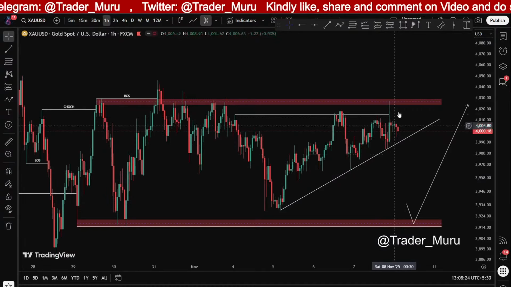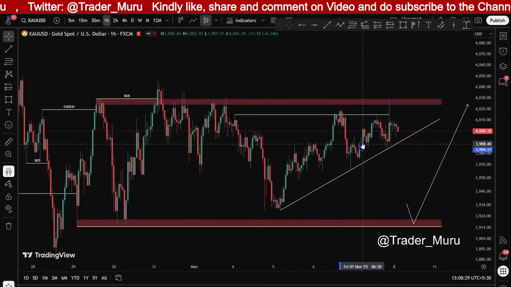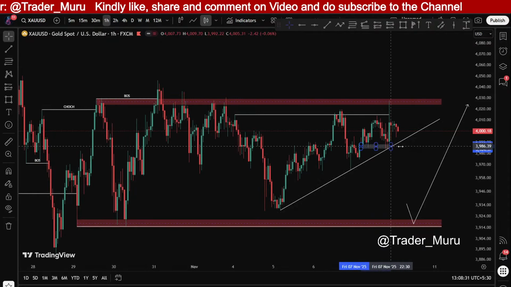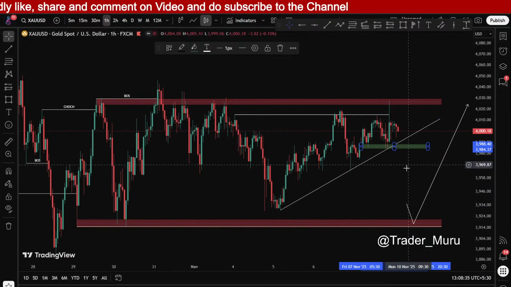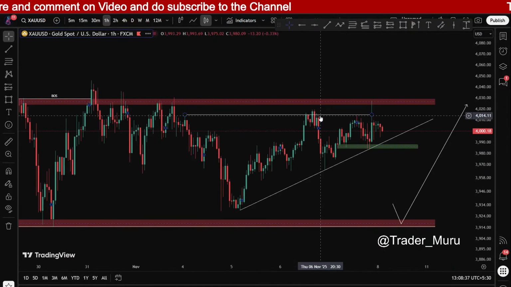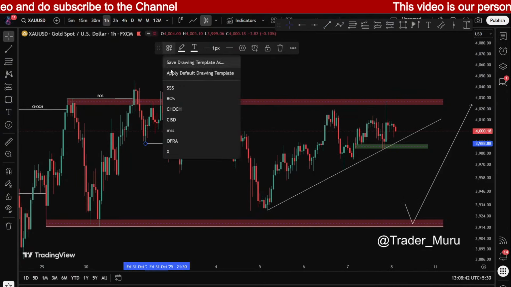And as we discussed in yesterday's update, price needs to hold this area to be bullish and maintain this structure. Right now we have this market structure shift.